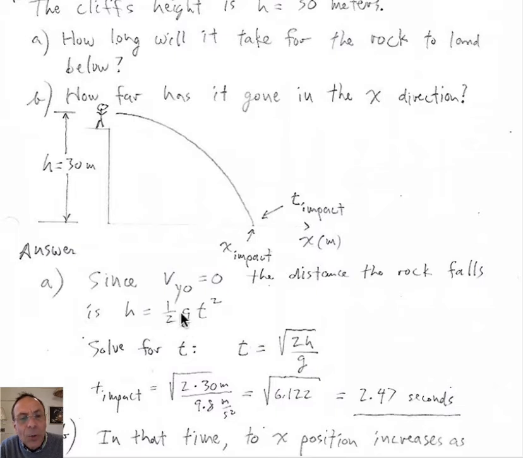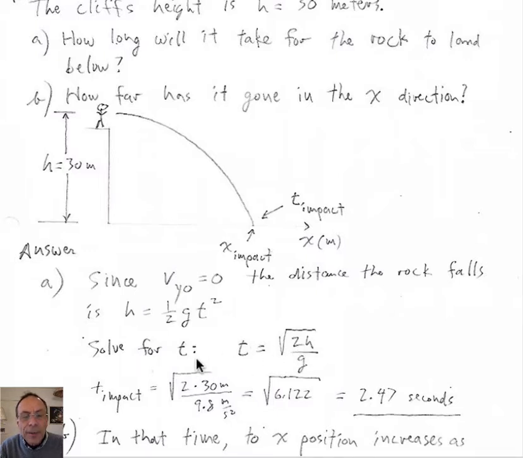and how far you go with an acceleration is given by 1/2 at squared, and our acceleration is g, so we've got h equals 1/2 gt squared. If I isolate the t squared and then take the square root of both sides, I get t equals the square root of 2 times the height over g.